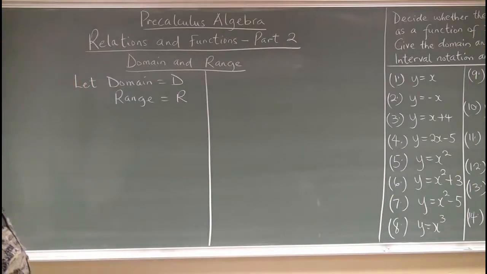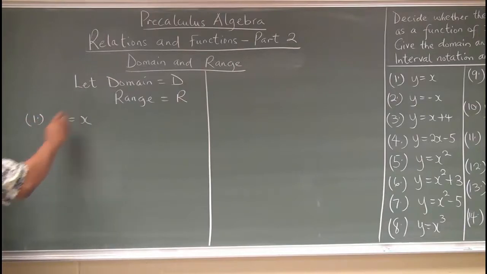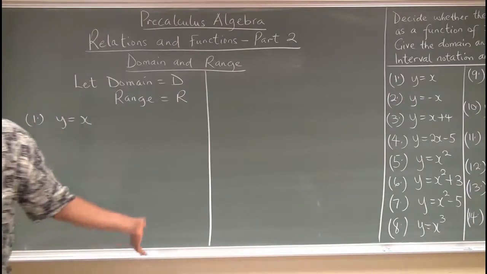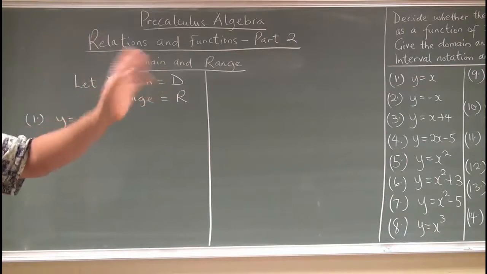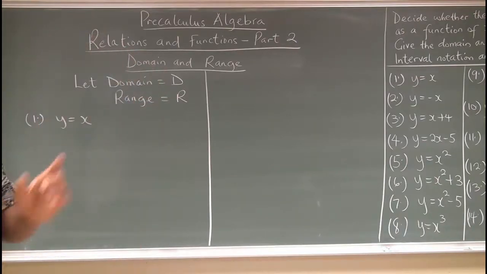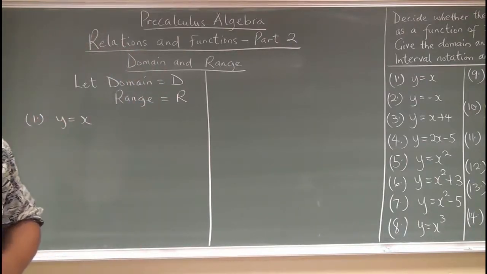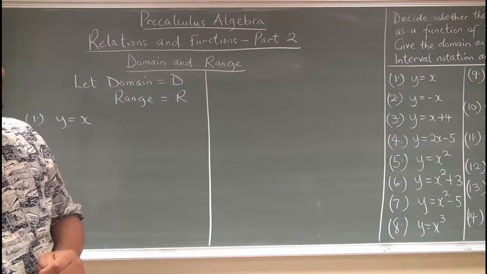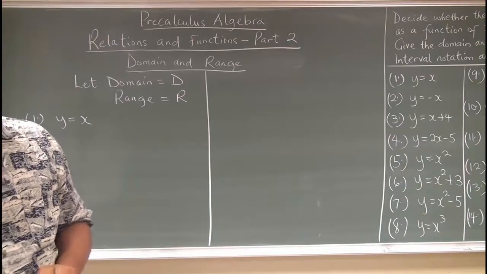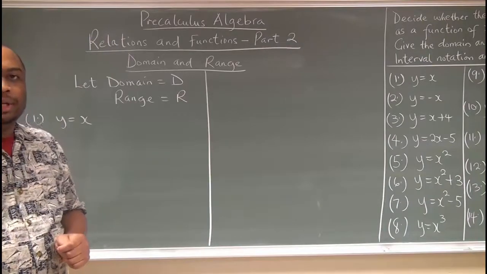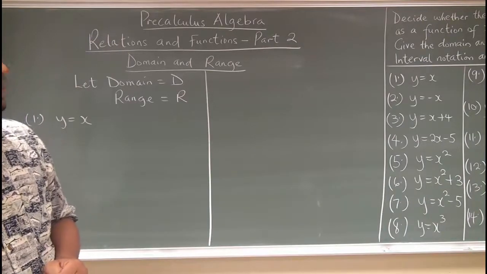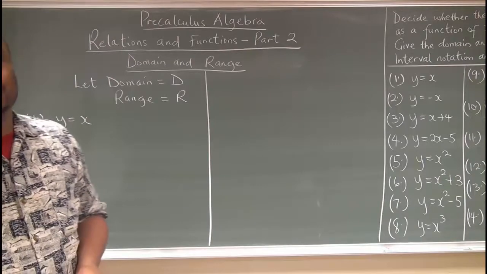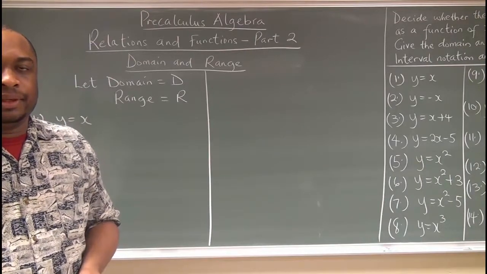All right. So question 1, y is equal to x. Now, the question says decide whether the relation defines y as a function of x. That's the first question. Second question, give the domain in interval notation and in set notation. Third question, give the range in interval notation and in set notation. So this is like 5 things to do for each question.